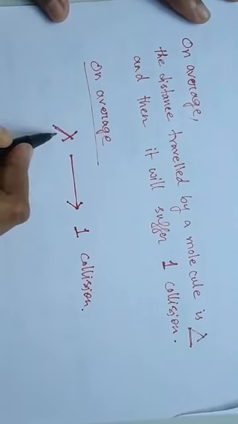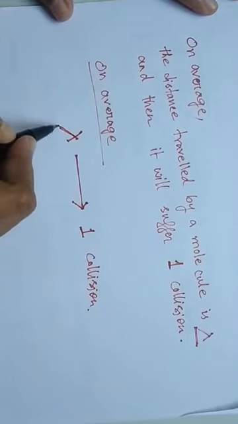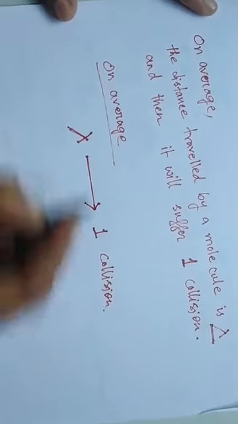It may travel less than this path or greater than this path, but on average it will be equal to the mean free path, that is lambda.